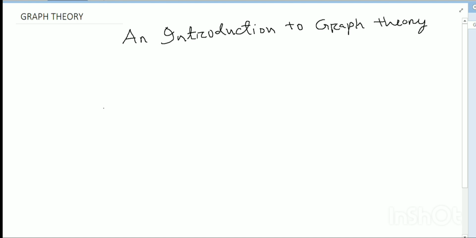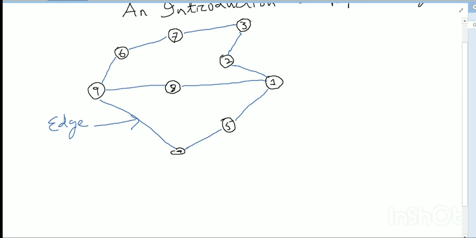Various components. Now I will show one example. You will see I am drawing this example. In this example, the circles that you see represent the components, and the lines connecting them can be thought of as signifying a relationship between the components.